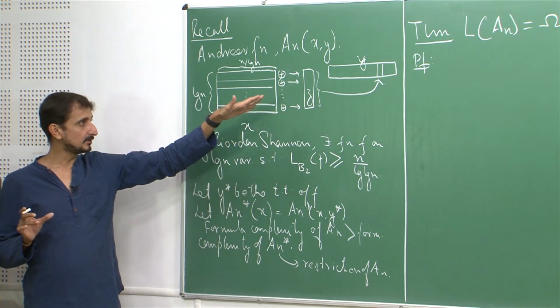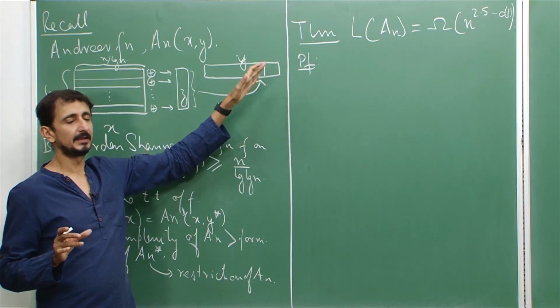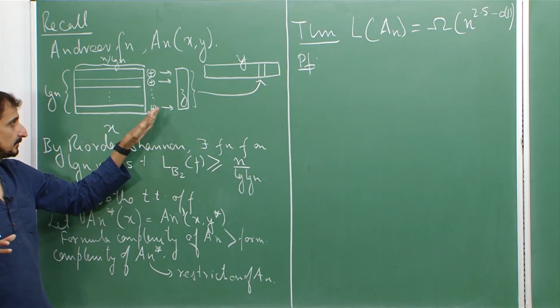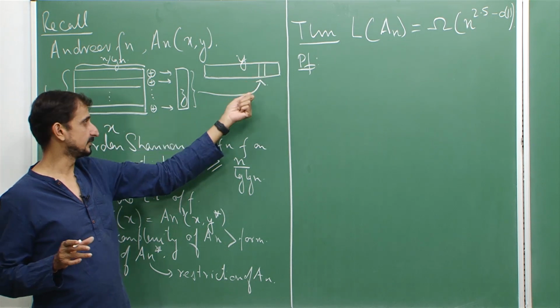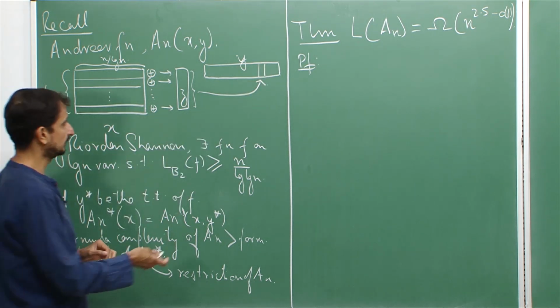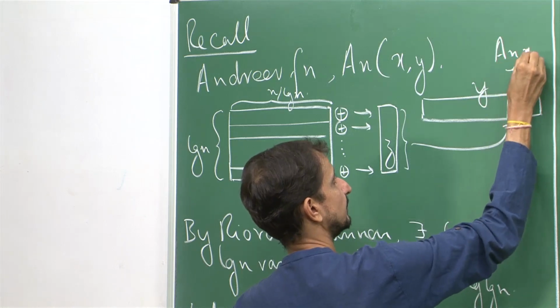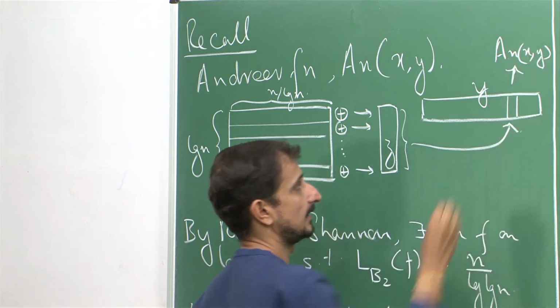Now, we use the string z to look at a bit in y. So, z acts as a pointer, an index to a bit in y, and whatever that bit is is going to be the output of the function A_n of x comma y.